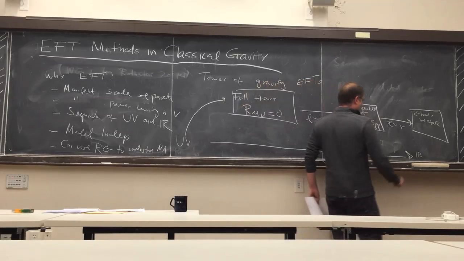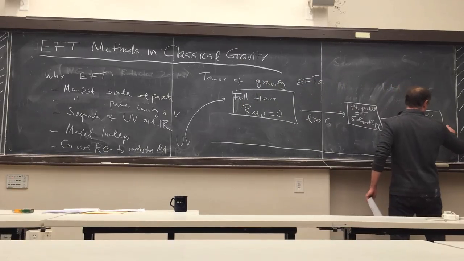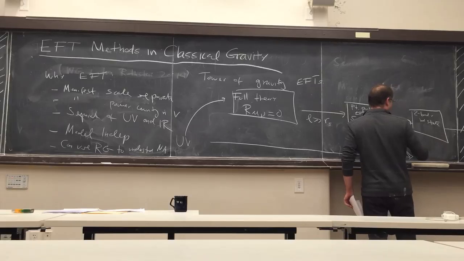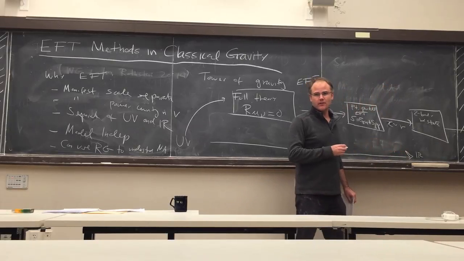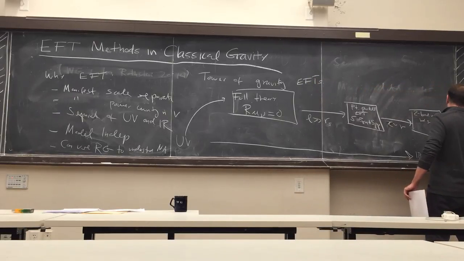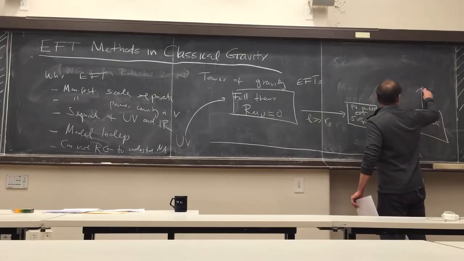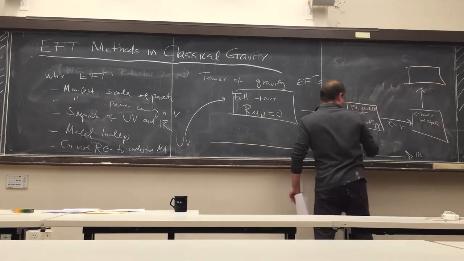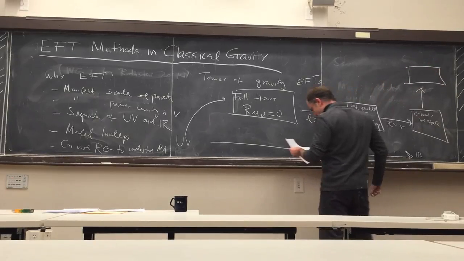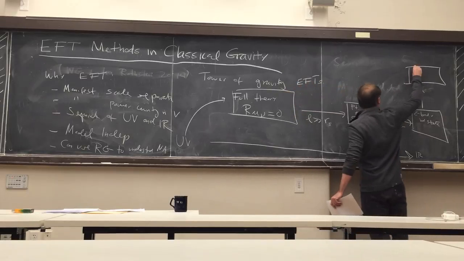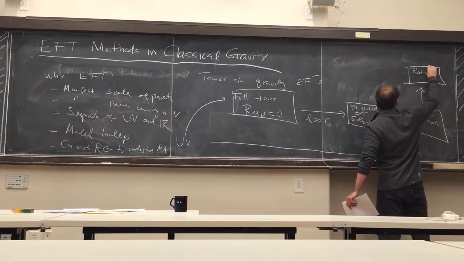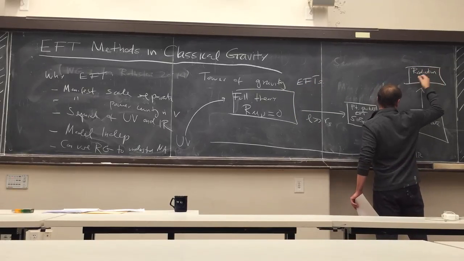And finally, if I zoom out all the way, the infrared is going up the board, I get a theory of radiation only, of radiation modes, coupled to the multipole moments of this system.